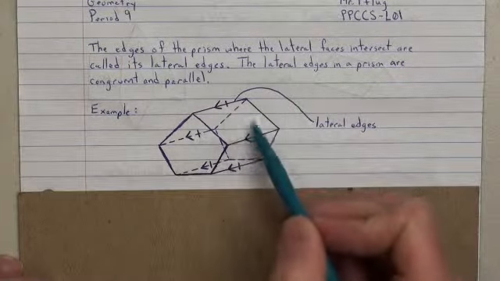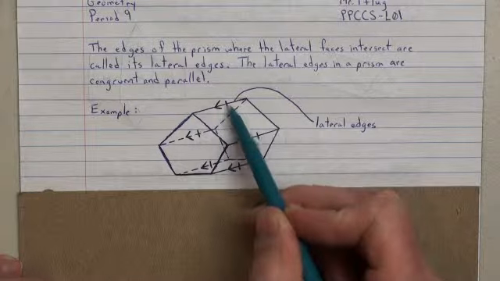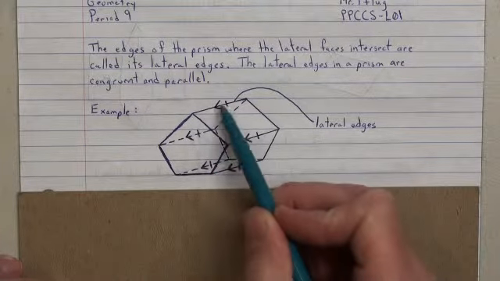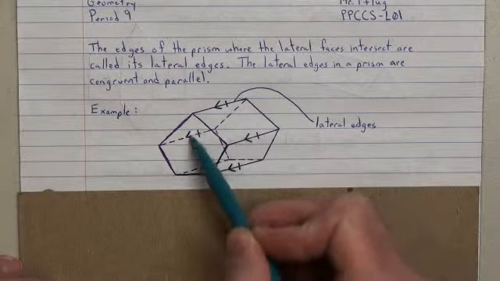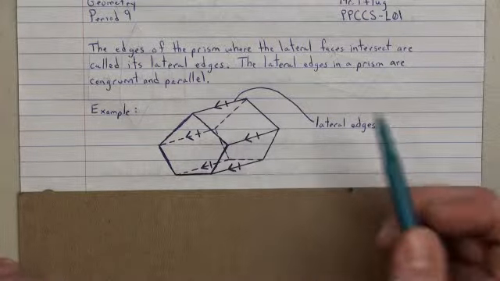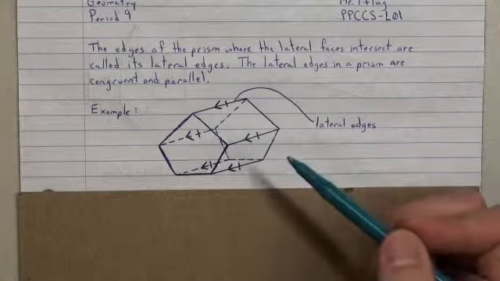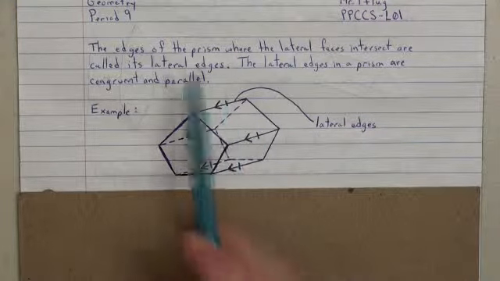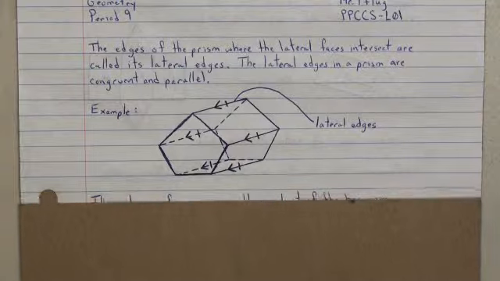And they're all congruent to each other, that's why they have the 1 hash mark, and they're also all parallel to each other, that's why they all have 1 arrow on them, or a feather mark. So they're all congruent and they're all parallel. That's what this said. Let's keep going.